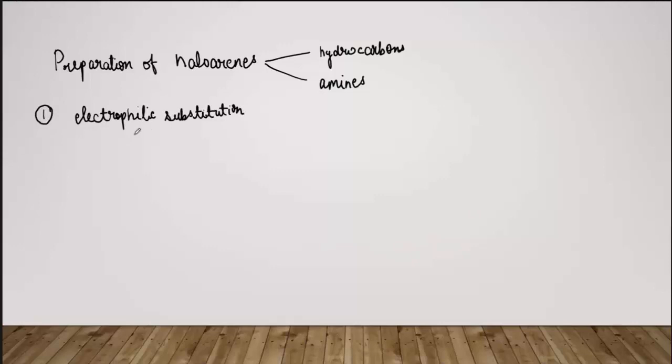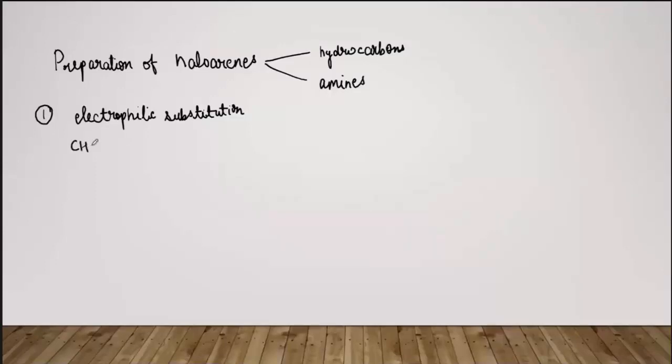This method requires the presence of a Lewis acid catalyst like iron or iron chloride, that is Fe or FeCl3. This reaction has to be done in the dark, that is, no sunlight is used.